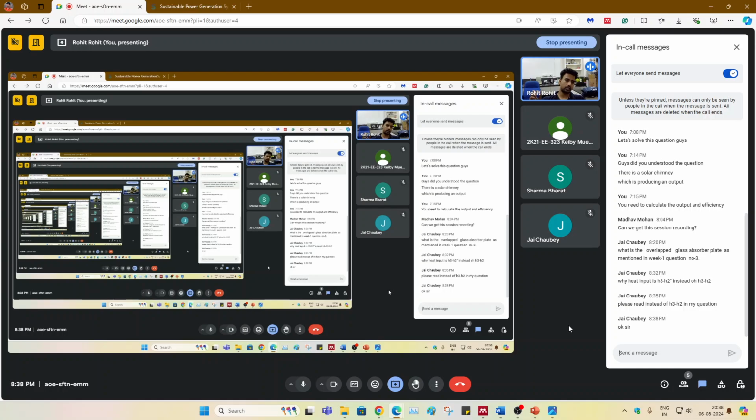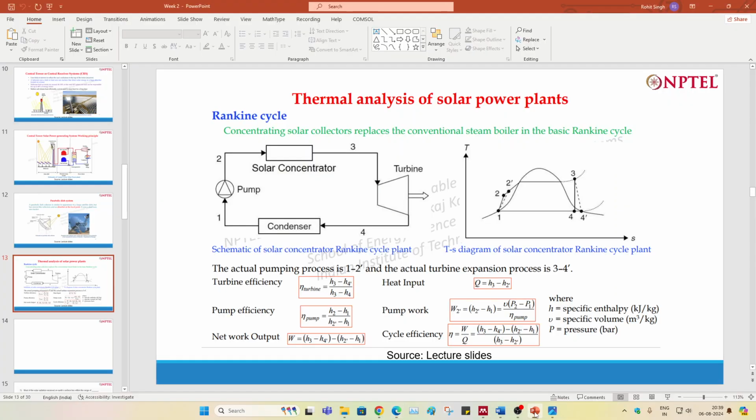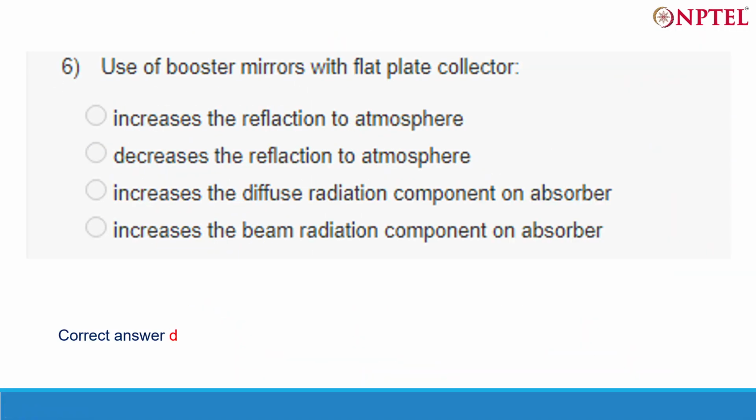Basically fundamental, you are trying to understand the fundamentals of the process. If you understand the fundamentals, it will be very easy to solve any question. So don't worry, you will be able to solve questions. So let me go to the question slides. I think we had done 5 and then we'll move to 6.